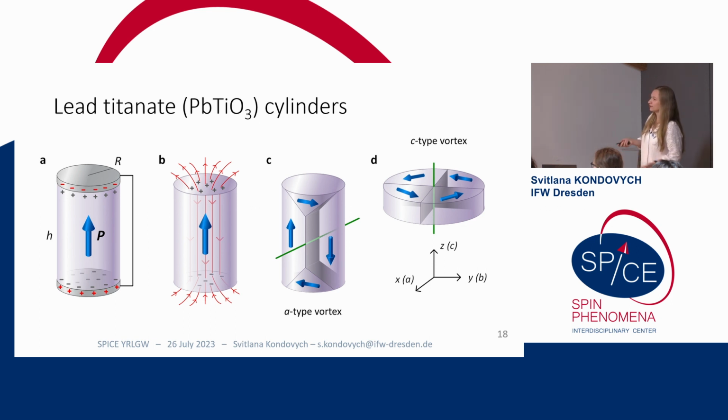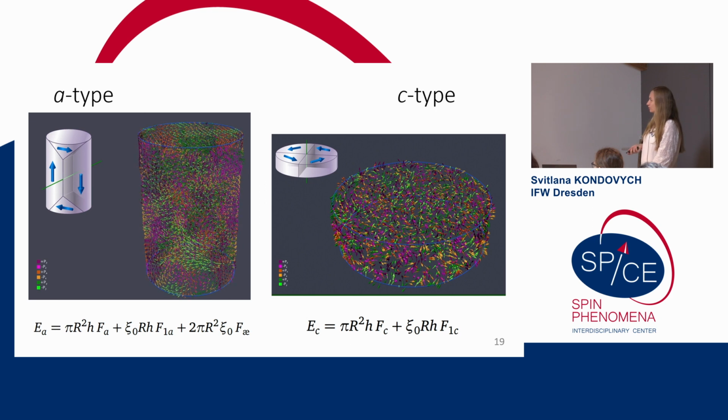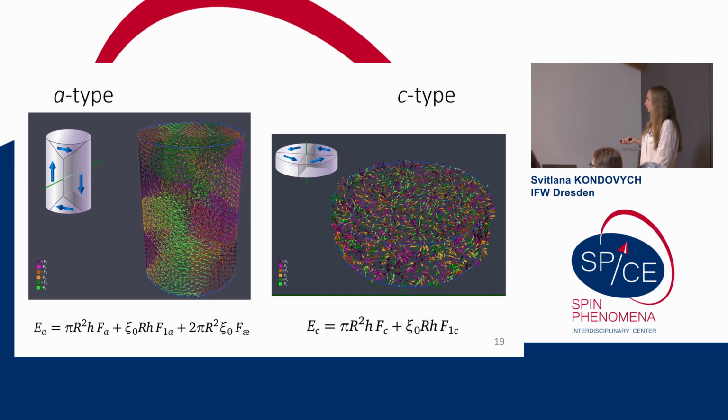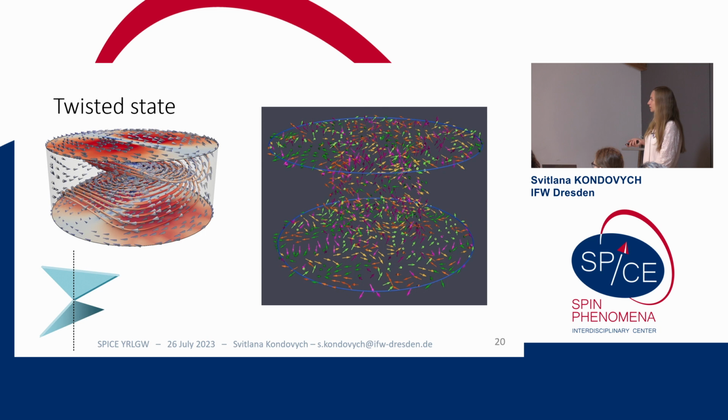For larger cylinders, the vortex core turns perpendicular, so we have two domain walls and two domains closing the structure, but somehow it can also be seen as a vortex. So it's still a vortex, nothing else. And we tried different geometries. These two types of vortices, I'll probably skip.